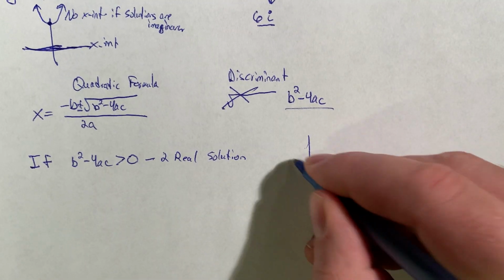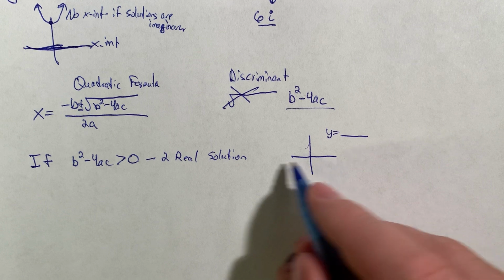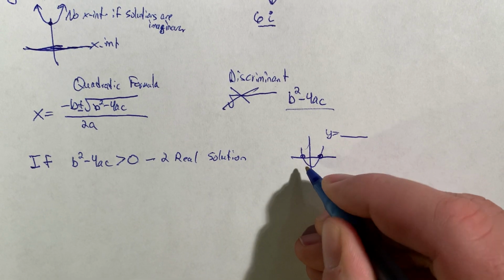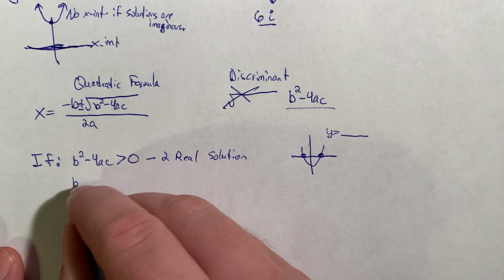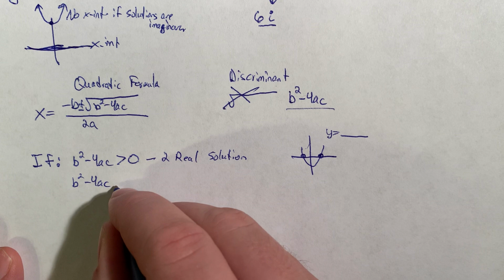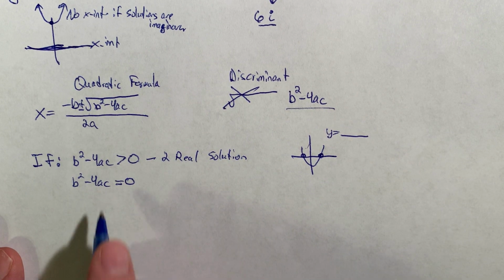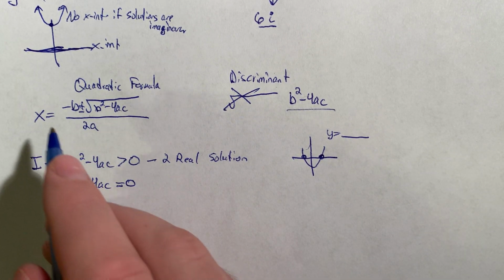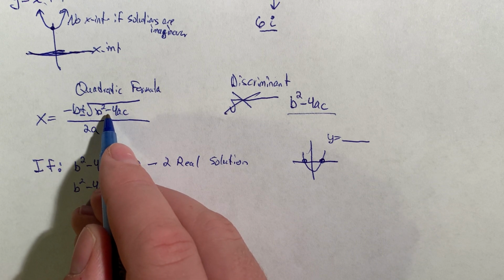What that looks like on a graph is, when there's an equation that has y equals something, and when you do b squared minus 4ac it's positive, it'll have two x-intercepts. Okay? If b squared minus 4ac is equal to 0, then when you do the square root of it, square root of 0 is 0, and when you add 0, negative b plus 0 is negative b.